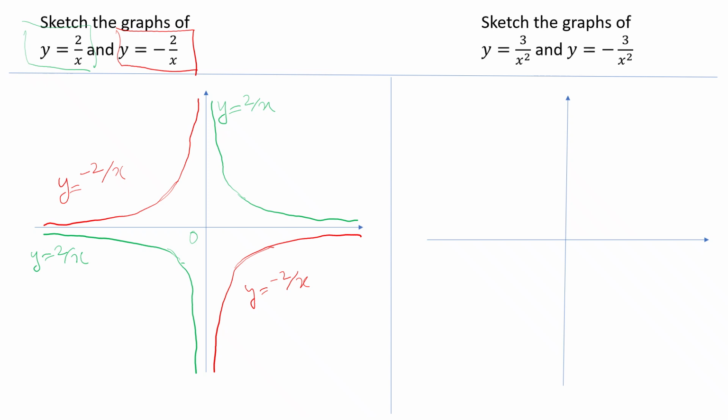Let's do the other one. Sketch the graph of y equals 3 over x squared and y equals negative 3 over x squared. First I'm going to do y equals 3 over x squared. When x is positive, x squared is positive, y is a positive value. So the first quadrant.